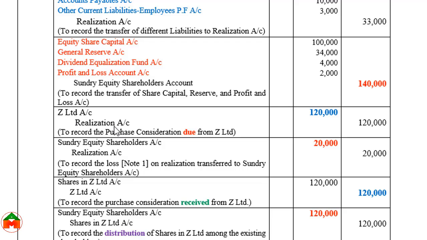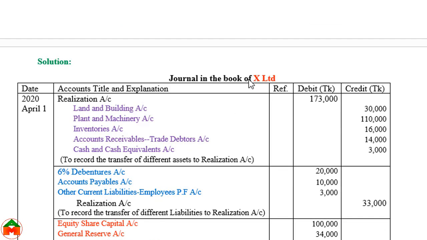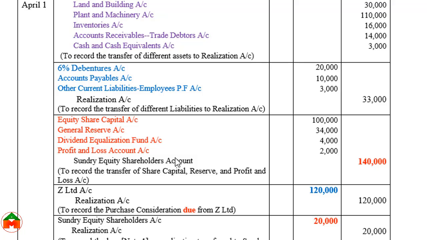This is the new company, but we are doing the journal for the liquidating company or transferor company, the company which will be dissolved or liquidated. So the purchase consideration will be received from Jet Limited, that's why Jet Limited debit 1,20,000, and realization account will be credit with 1,20,000. This journal is for the purchase consideration due from Jet Limited.